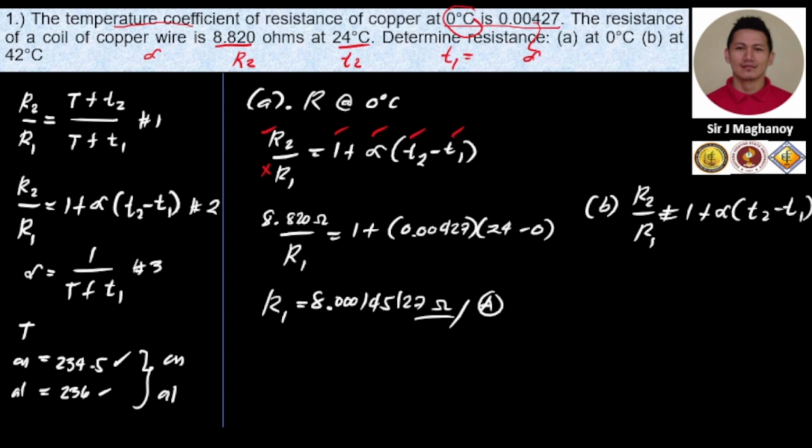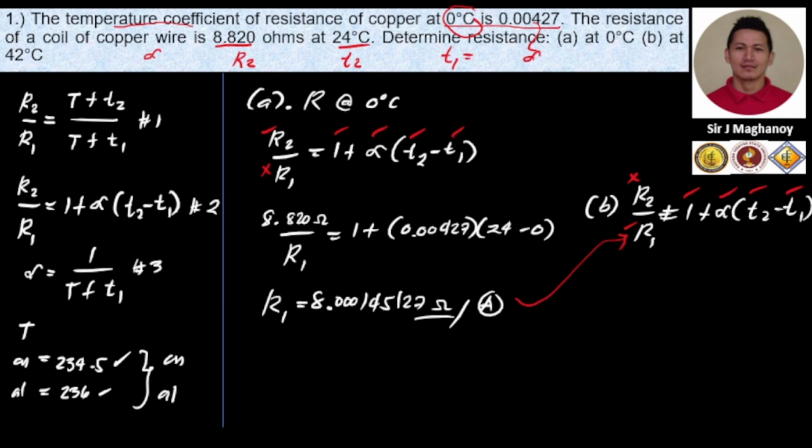So let's check our given. Do we have a value for R2? That is our unknown. How about for R1? We already solved it at 0 degrees Celsius. This is our R1. How about our temperature coefficient? Still given. Final temperature, we have 42. And initial we have at 0.